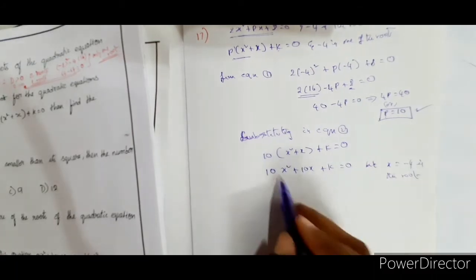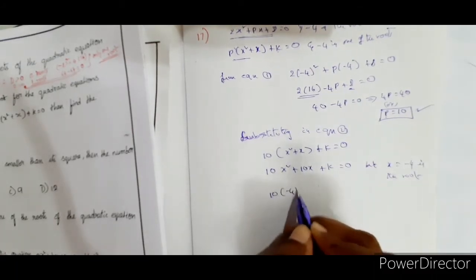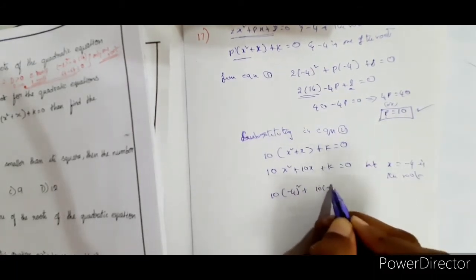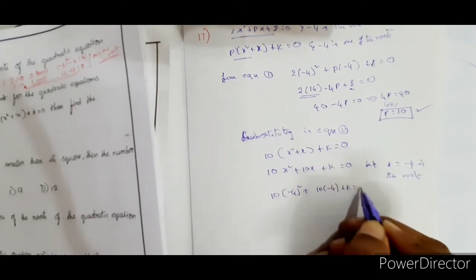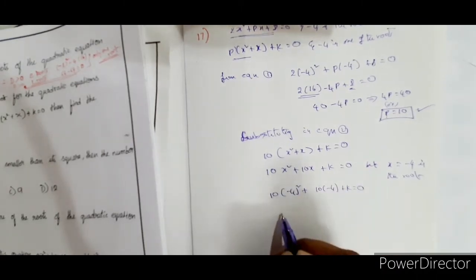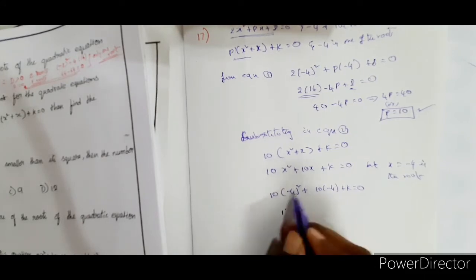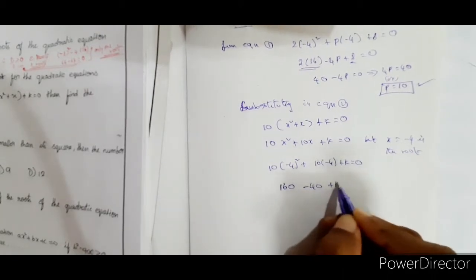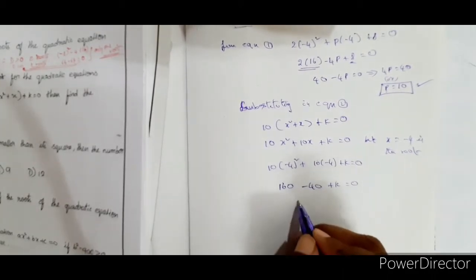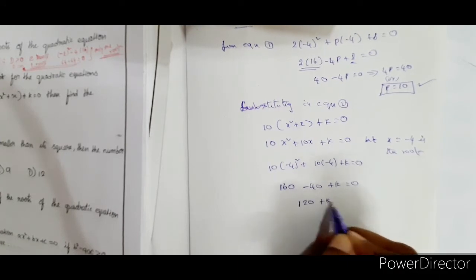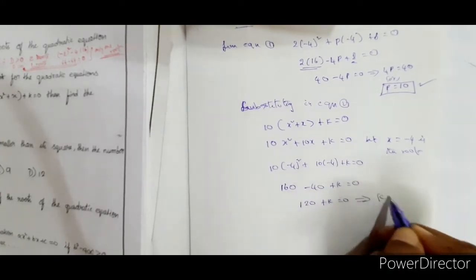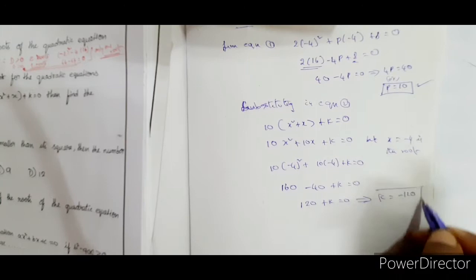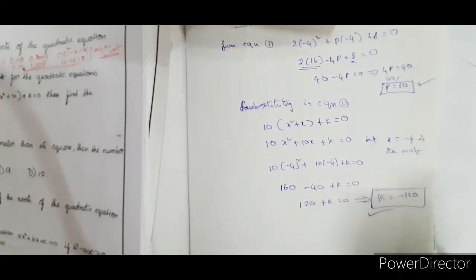Now substituting here, 10 into minus 4 whole square plus 10 into minus 4 plus k is equal to 0. 4 square is 16, 16 into 10 is 160. So 160 minus 40 plus k is equal to 0. 160 minus 40 is 120, plus k is equal to 0, which implies k is equal to minus 120. This is the value of k.